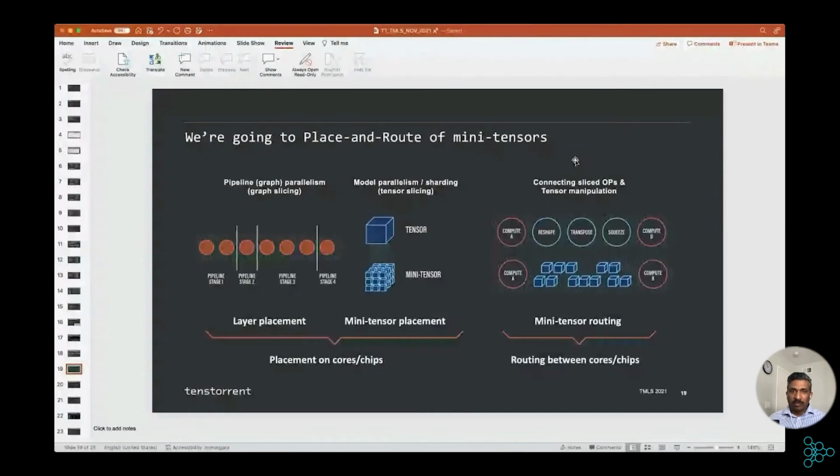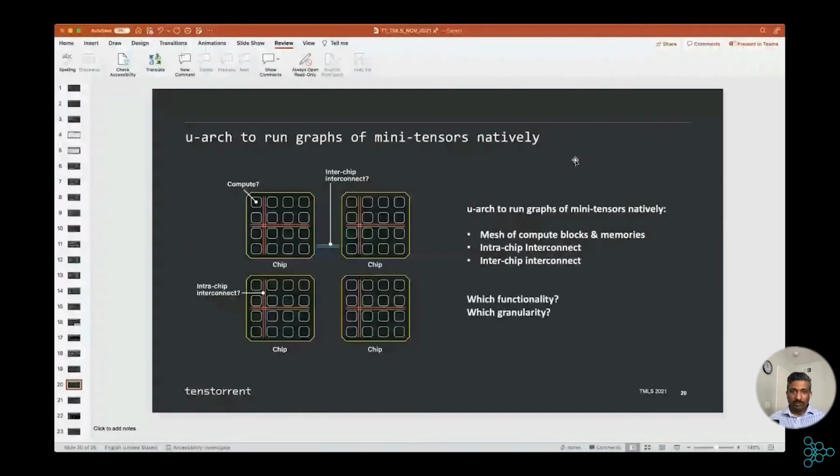So the actual solution was just to place and route the mini tensors, but we also noticed that when the tensor is moving from one compute to another, it might need other manipulations. So in general, we would like to have hardware which can act like a network switch, which can also do minor tensor manipulations as it travels from one chip to another chip, externally on an inter-die solution. So our architecture had to have the right interconnect fabric, which can transport data across chips or within the chip.